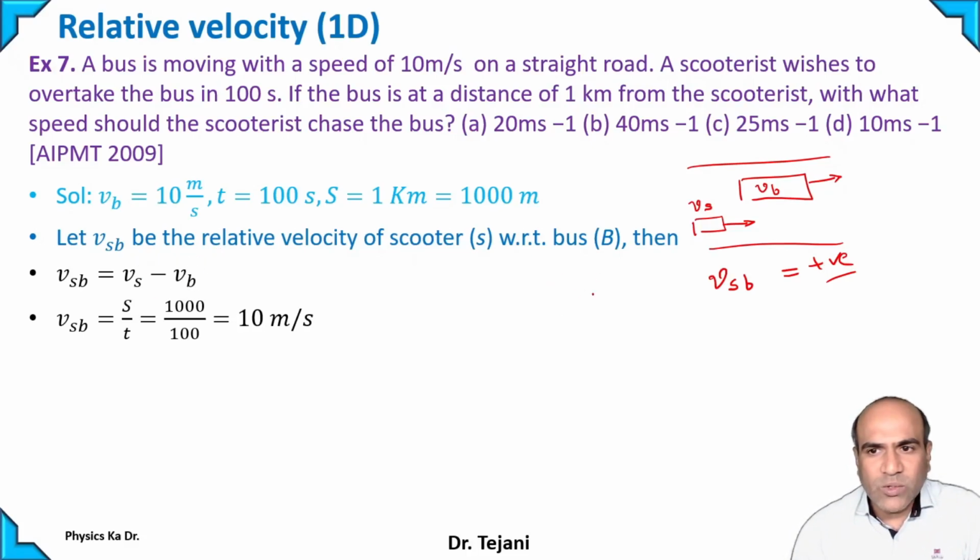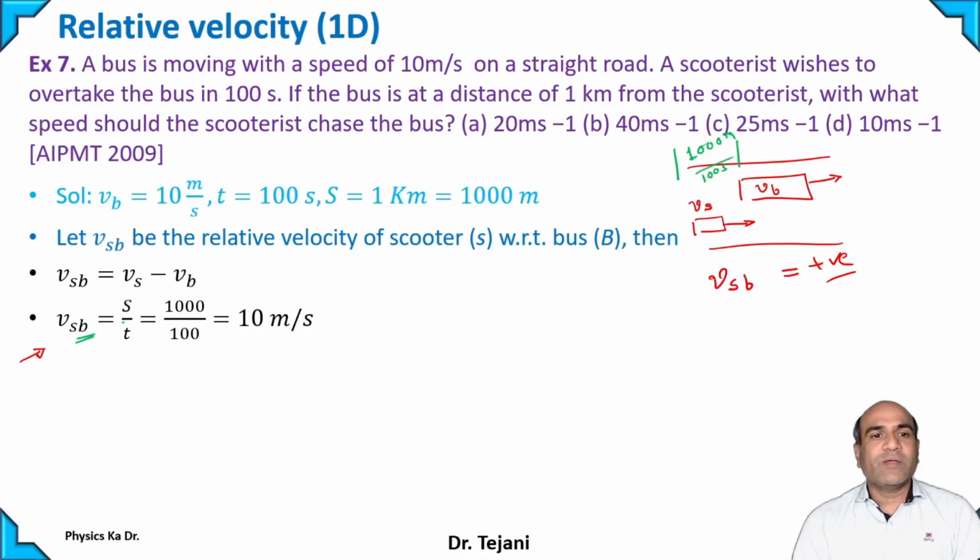See, if we want the scooter's velocity, at what relative velocity should that person move? This person has to travel this 1000 meter in the given time. It is 100 seconds. So relative velocity with respect to the bus should be S by T, which is 1000 divided by 100, so 10 meter per second.